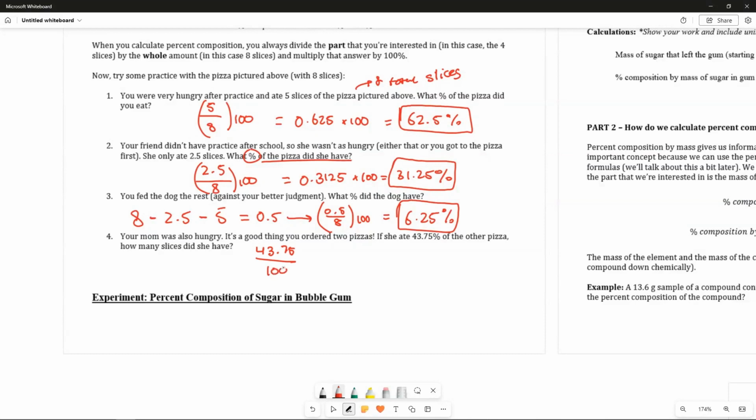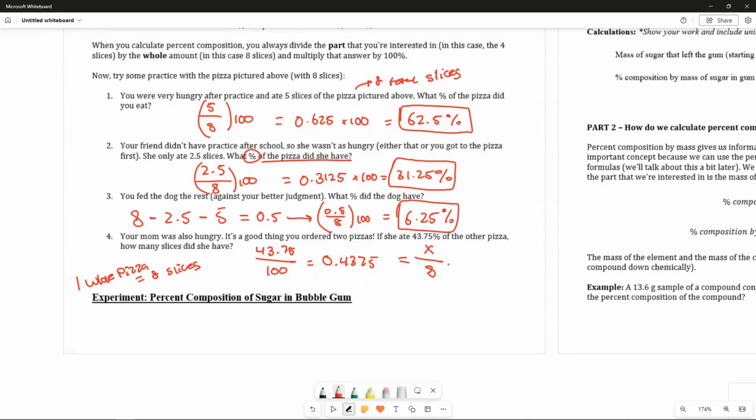43.75 divided by 100 gives us 0.4375. And we know from our previous calculations that a whole pan of pizza is 8 slices. Let's make a note to that side. 1 whole pizza equals 8 slices. Alright, so let's set up an equation, right? 0.4375 equals some part number of pizza, x, over the total 8 slices in a pan.